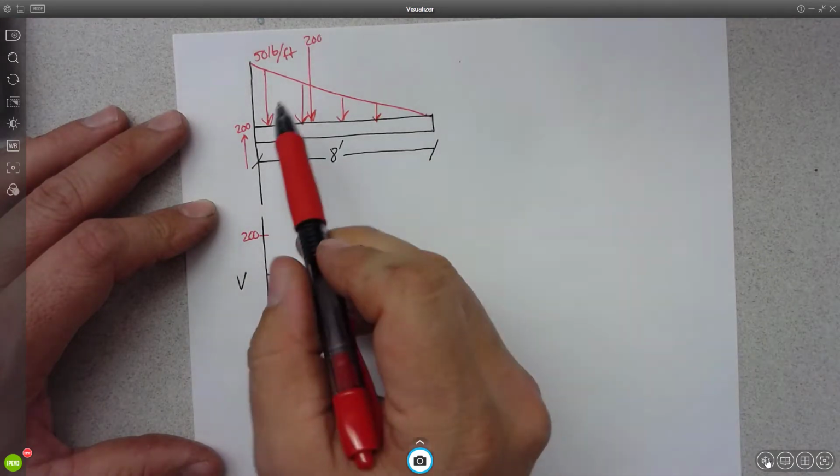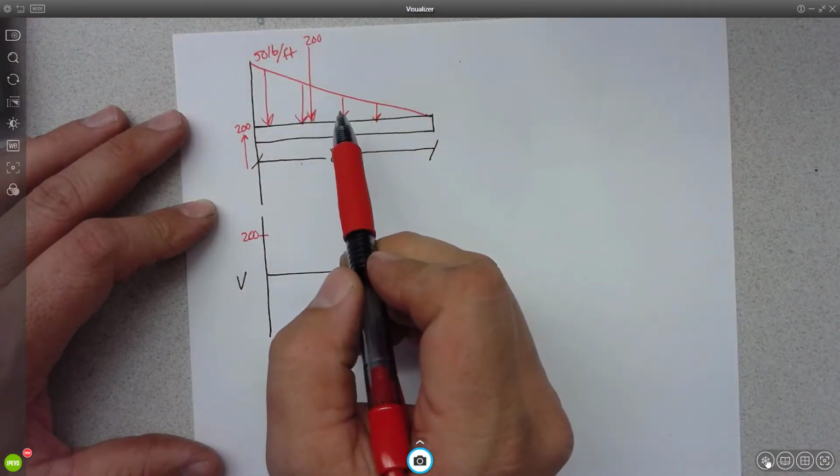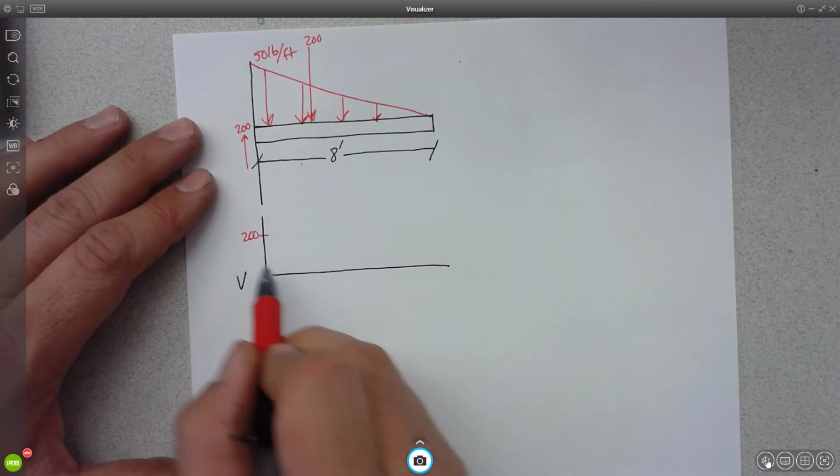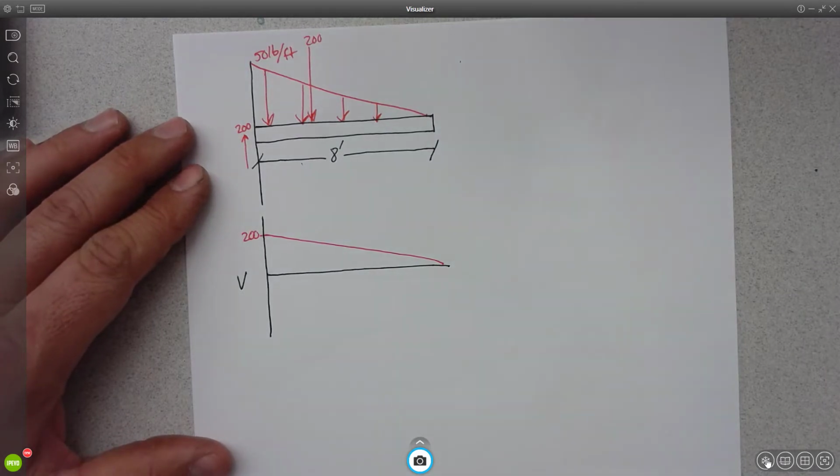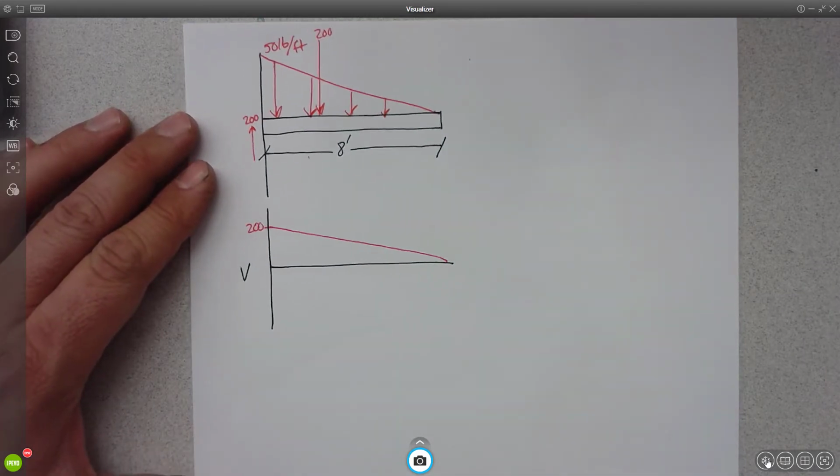Then we have a constant negative slope of 50. And our shear diagram looks a whole lot like our distributed load diagram, right?